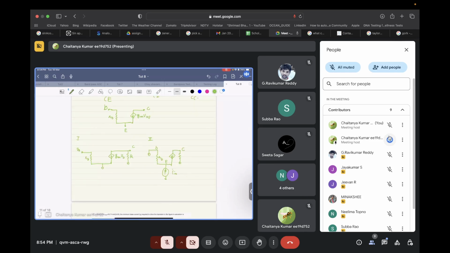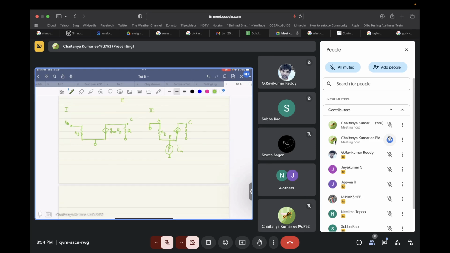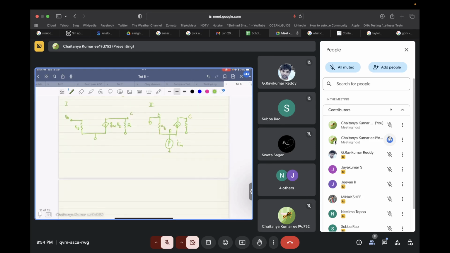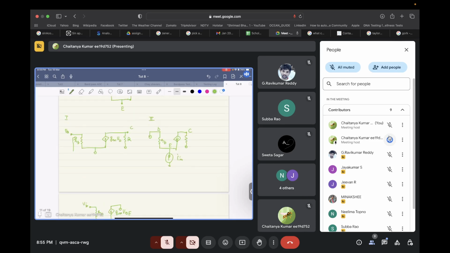And my third circuit, the common collector, looks like VB, this is the emitter, and this is some other resistor, and this is GM times VBE. So what is the looking-in impedance from this side? The input impedance in the common emitter stage, what is it?